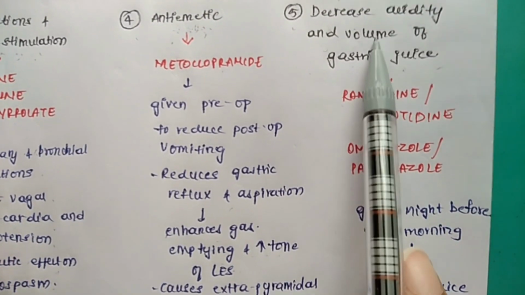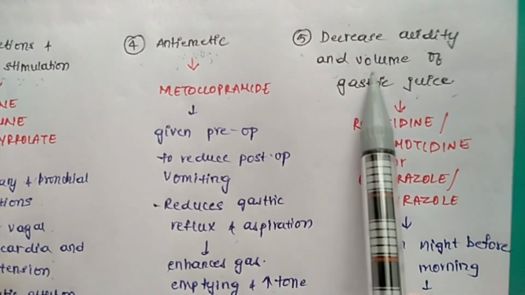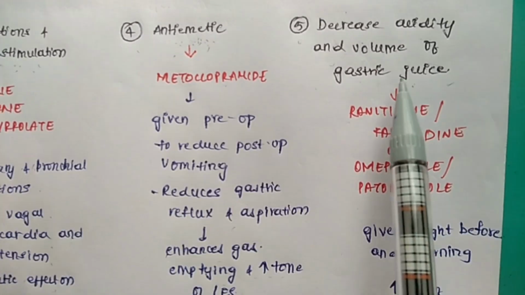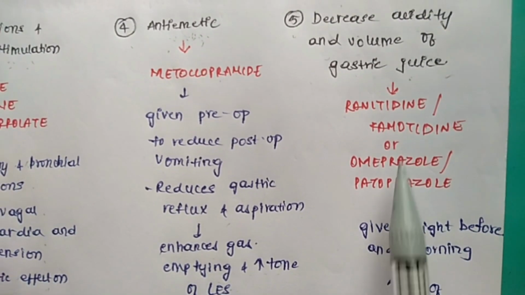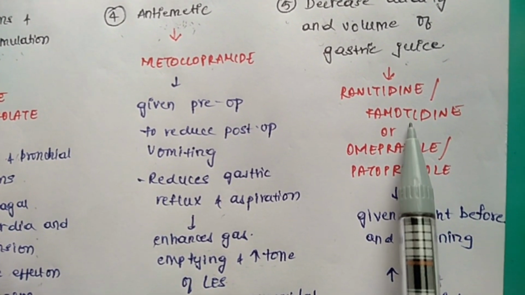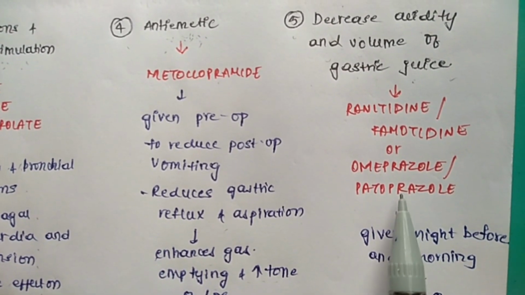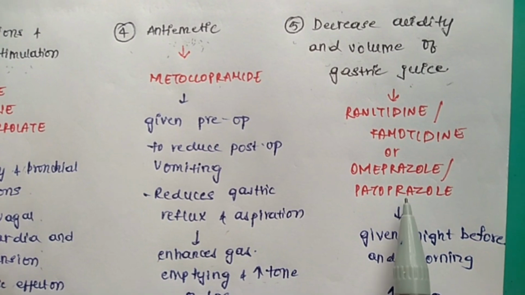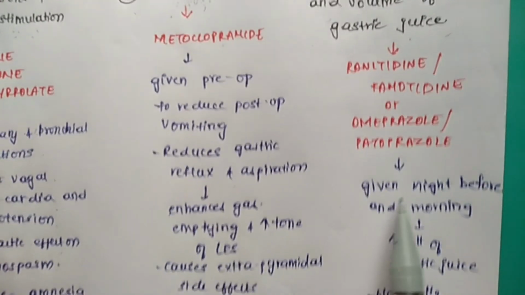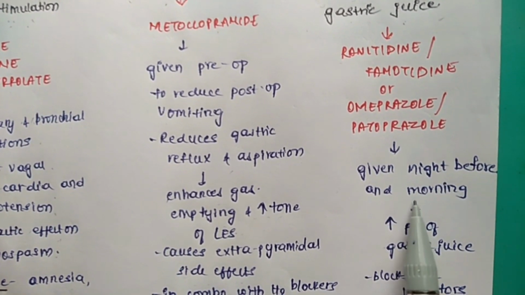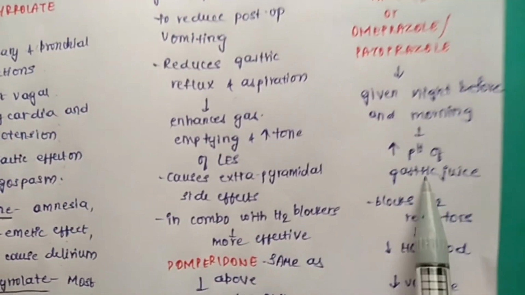The fifth category is to decrease the acidity and volume of the gastric juice. To decrease these effects, ranitidine or famotidine or omeprazole or pantoprazole are the most common drugs that are used. These are given the night before and morning before the operation.